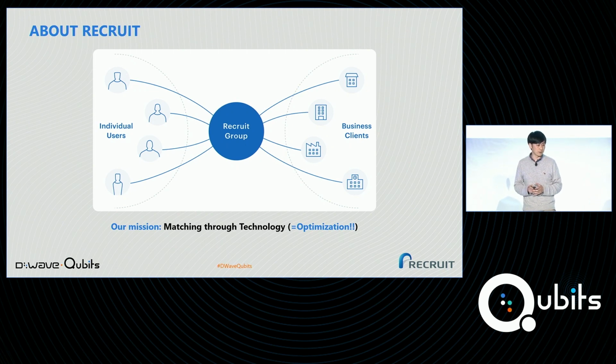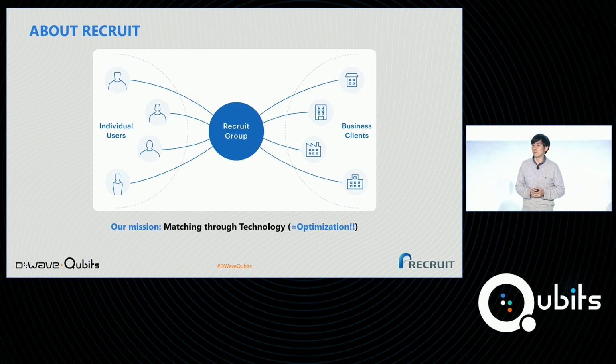We are mainly focusing on digital marketing. We also developed software tools like PyCubo, which is very useful to create cubometrics from the expressions. PyCubo is included in the D-Wave Ocean SDK, so please try using it if you're interested.